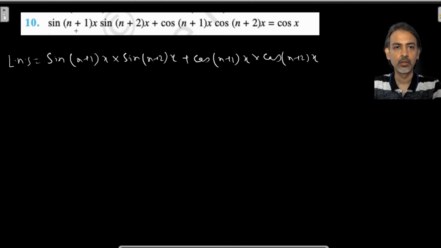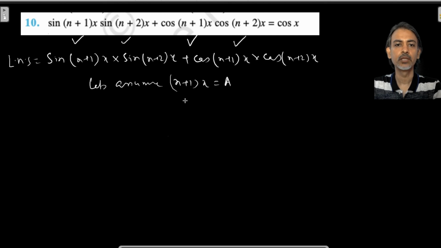So now this is looking like it is repeating. n plus 1 x is here, n plus 1 x is here, n plus 2 x is here, n plus 2 x is here. So let's assume (n plus 1) into x is nothing but a, and (n plus 2) into x is nothing but b. So let's see what this LHS becomes.